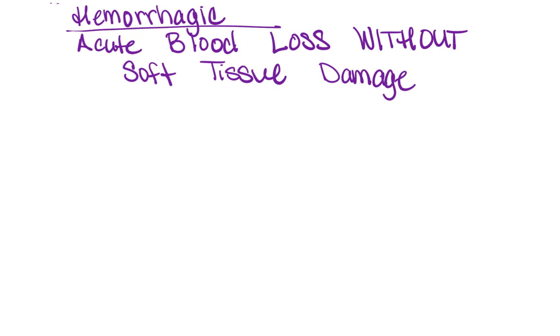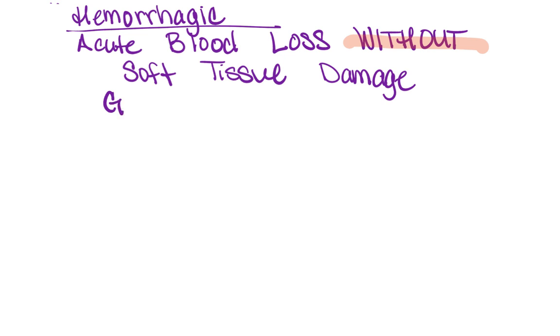So the definition is hemorrhagic shock is acute blood loss, so sudden blood loss without soft tissue damage. So this would be a GI bleed, a rupture of esophageal varices, so something that's not traumatic. So let's write some of those examples down.